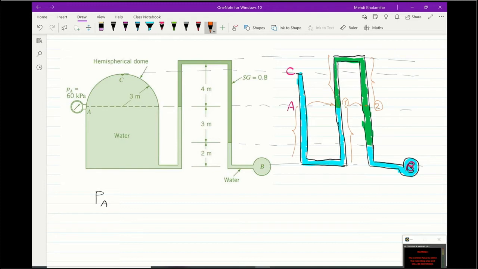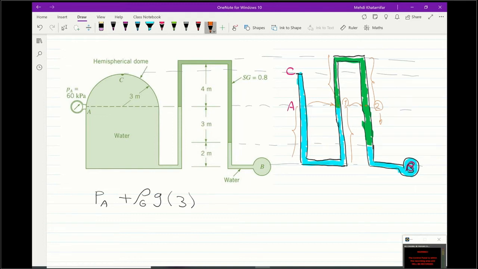Now from 2, I'm going downward, so add plus the green, which is density of green color times g times the height, which is 3 meters.